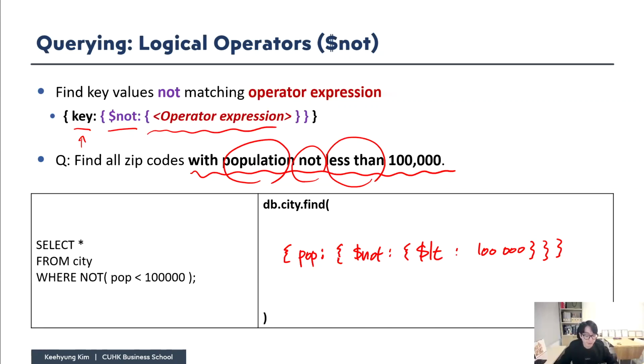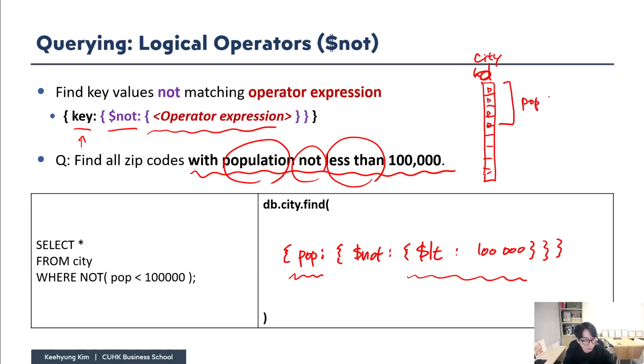So here, one thing you have noticed is this. The not operator works in this way. Let's say that you have a collection. In the collection, there are multiple documents, right? Each of these is a document like this. Inside this CD collection, there are many zip code documents. And this query will check whether there's a document with a population less than 100,000 first. So let's say that these documents have a population less than 100,000.